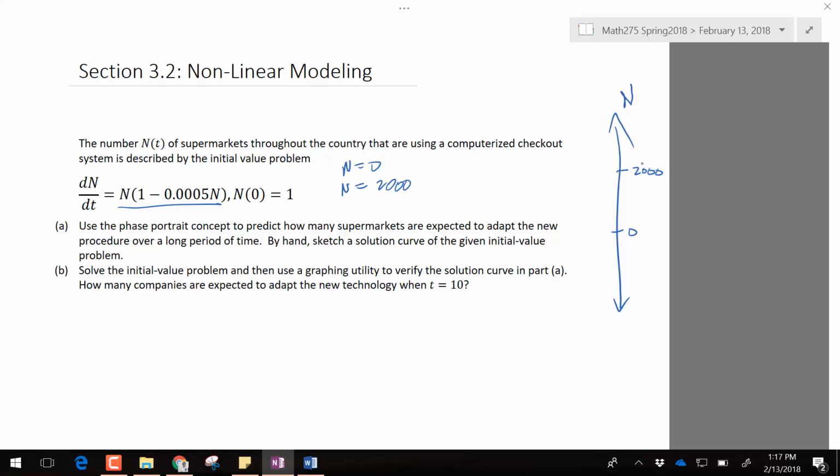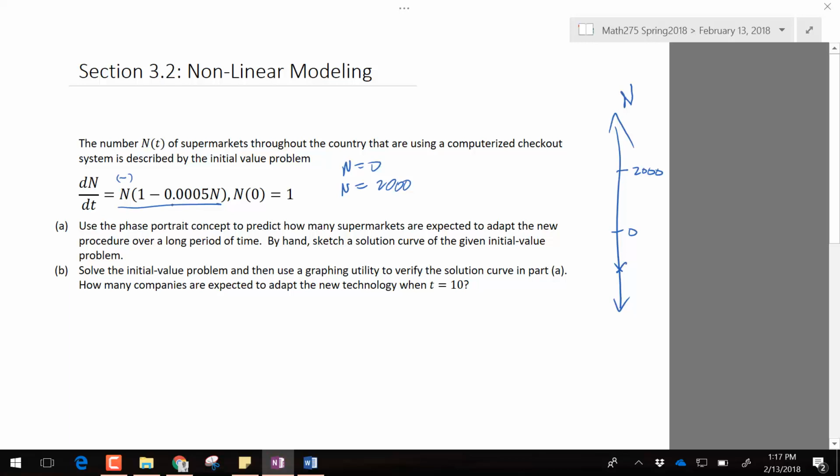If we test whether something's positive or negative, and we put in an n value less than 0, a negative, then the expression in the parentheses is positive, more than 1.